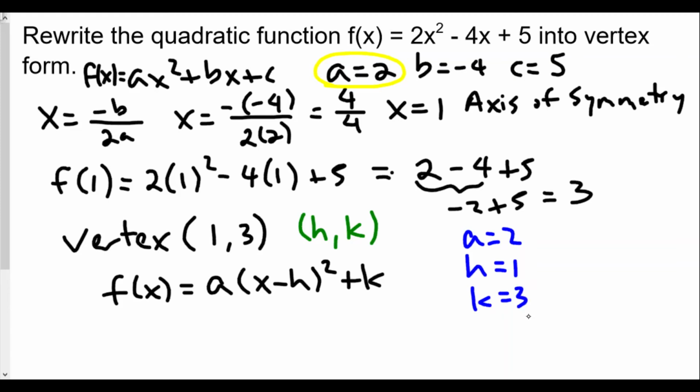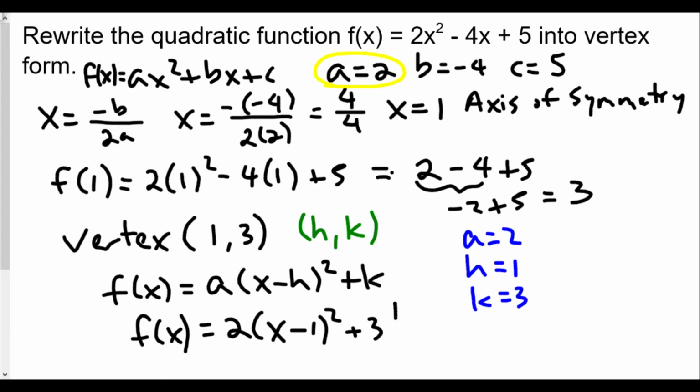The important part to remember is that we're only plugging in the a, the h, and the k. We'll leave x alone. And if there's a y, we leave y alone. So our function can be written as f of x equals 2 times x minus 1 squared plus 3.